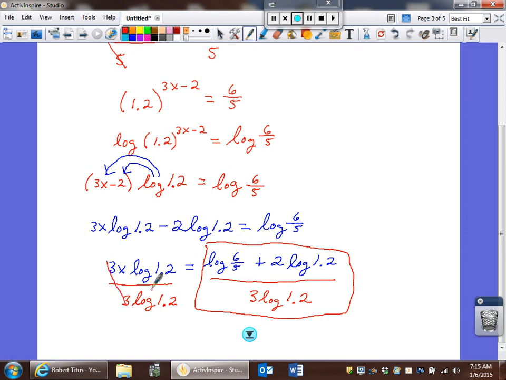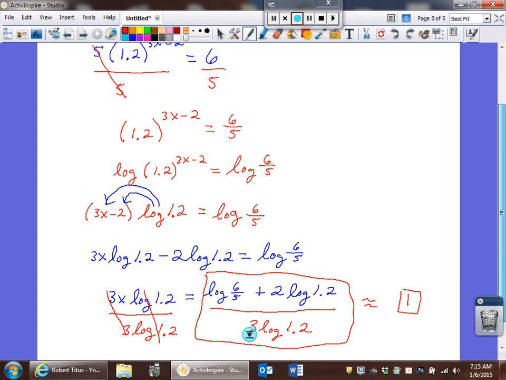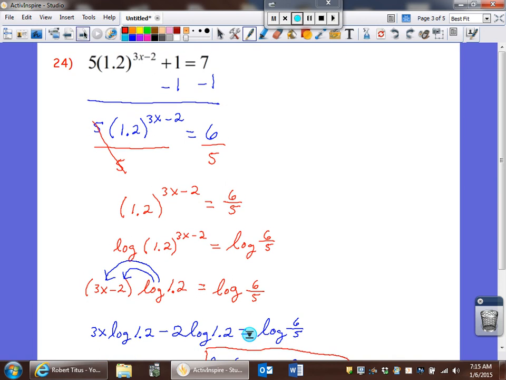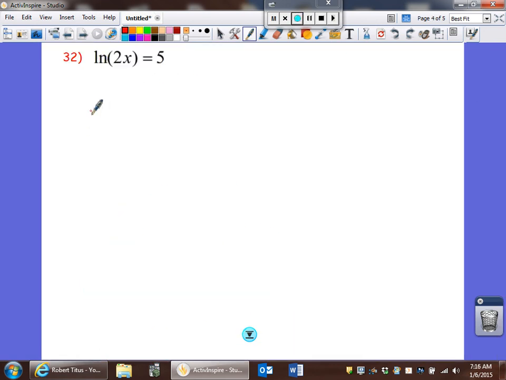Once you cancel these guys out, x is going to be all by itself. Or when you put all of this into the calculator for number 24, you end up getting an answer of 1. And that completes problem number 24. So now I'm going to move it on to problem number 32.